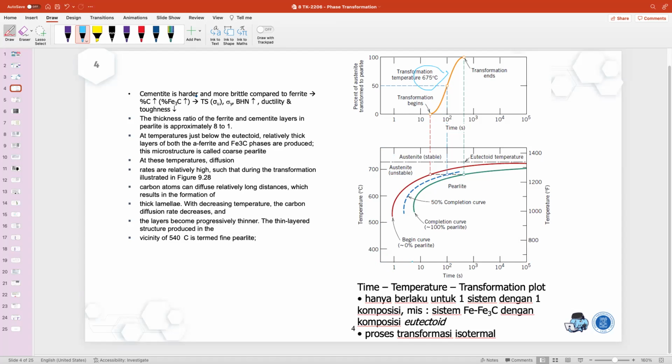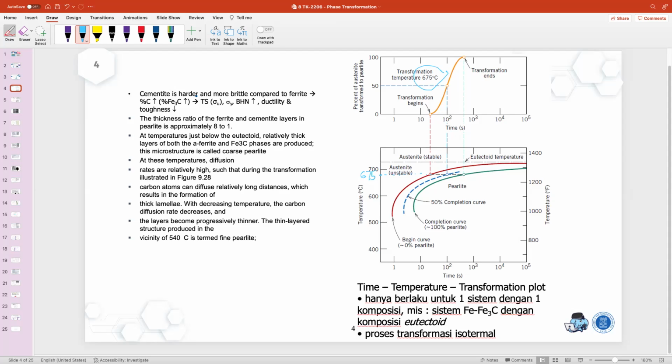The horizontal axis is still time, the same as this one, but for the vertical axis we have the temperature scale. So at the transformation at 675, over here I plot the times exactly like on the top diagram into the red curve.